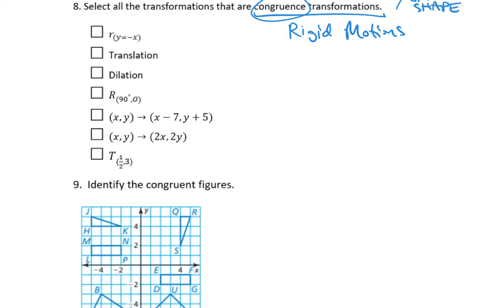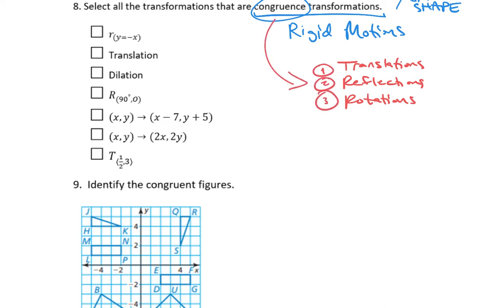So our congruence transformations include and only include translations, reflections, and rotations. Those 3 are congruence transformations.